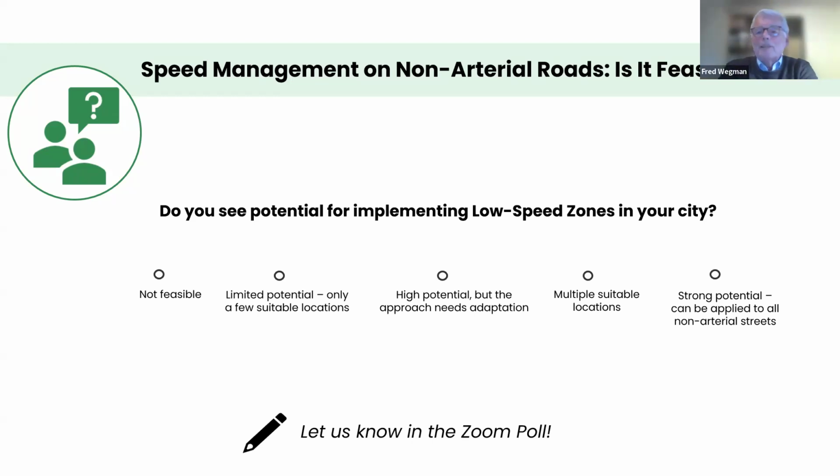Well, I'm not that pessimistic about the potential for this, and I base that on experience elsewhere in the world. There are a lot of cities in the meantime implementing interventions related to low speed zones. And the reason for that is that there is a request from citizens. There's a request from schools. There's a request from parents.